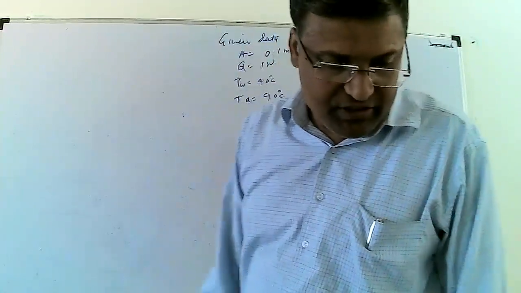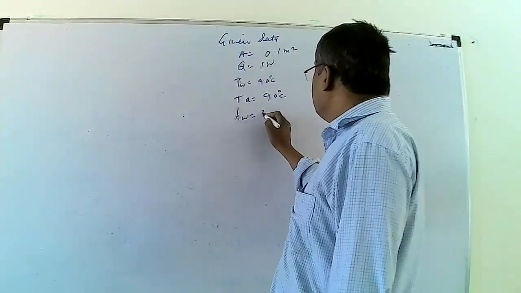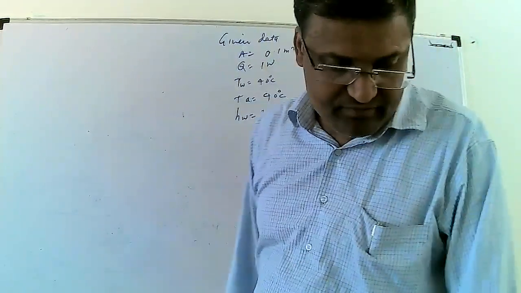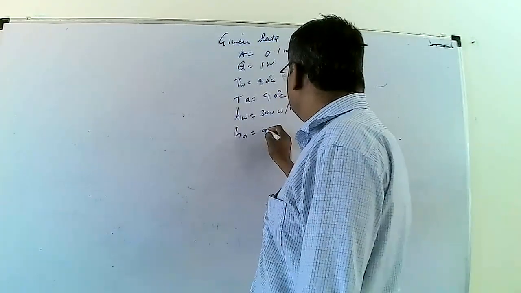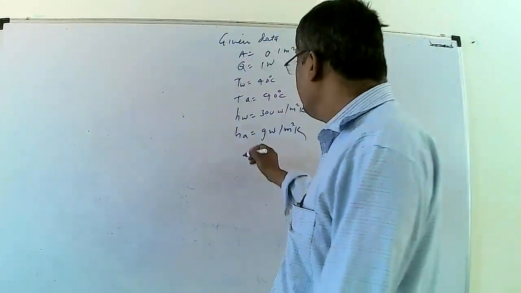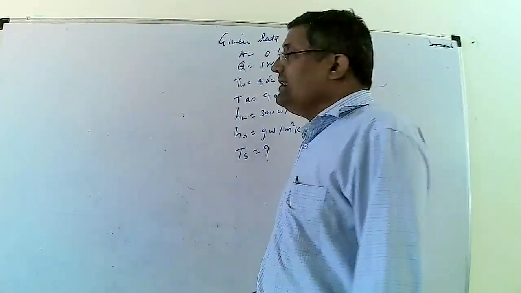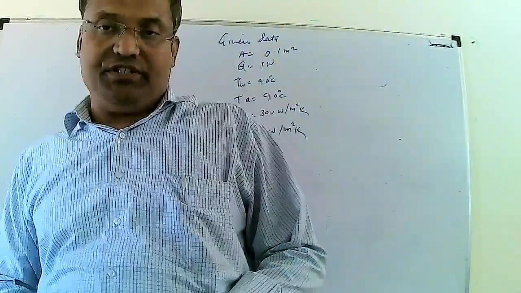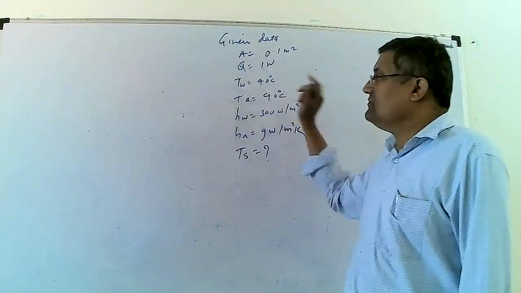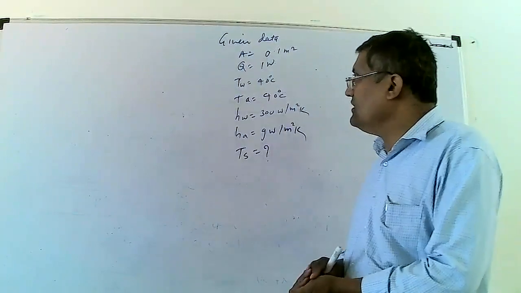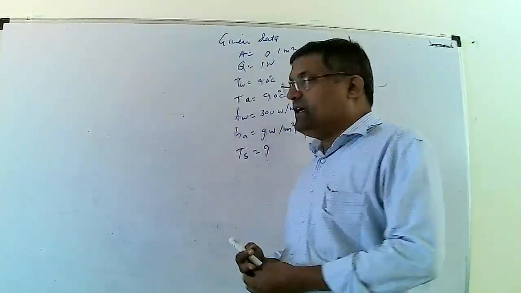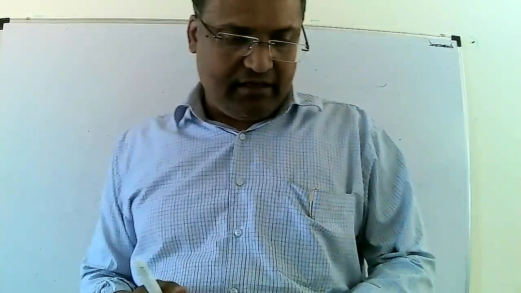Next, hW for water 300 W per meter square Kelvin. Next, hA for air 9 W per meter square Kelvin. Next, to find out surface temperature TS. In the given data, the area is given, Q is given, TW temperature of water, TA temperature of air, hW, hA are given and TS is to be found.